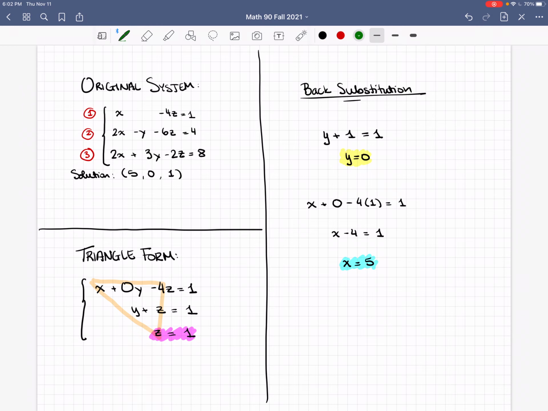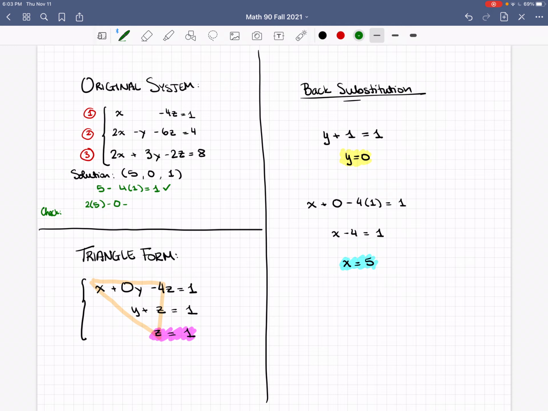And just to be sure, let's go ahead and check this. So first equation, x minus 4z. So I have 5 minus 4 times z. That should be equal to 1, and it is. So that's good. Second equation, 2x minus y. I mean, y is just 0.